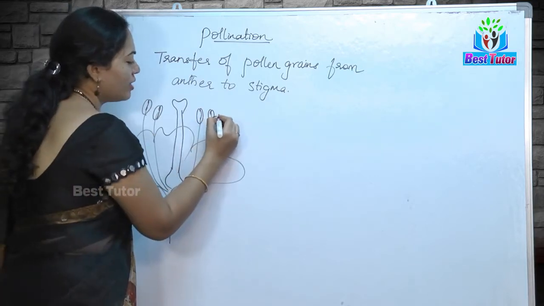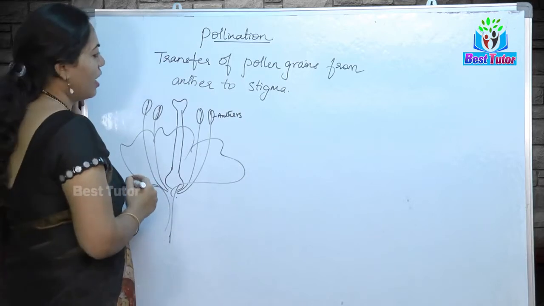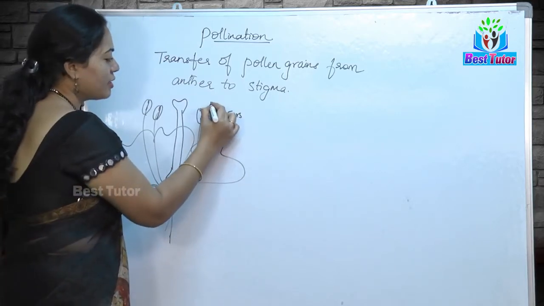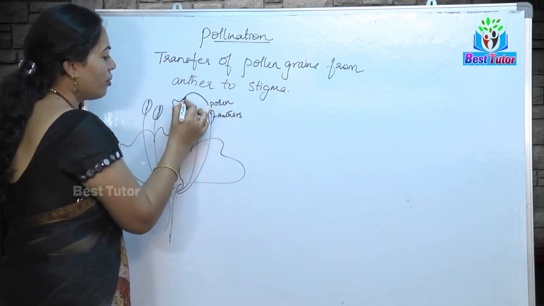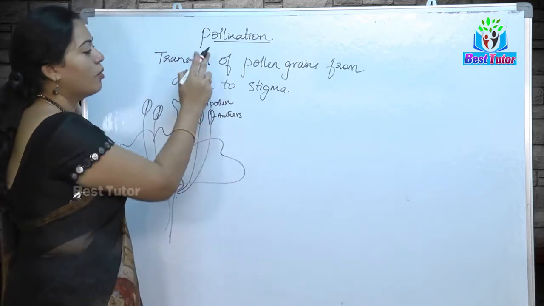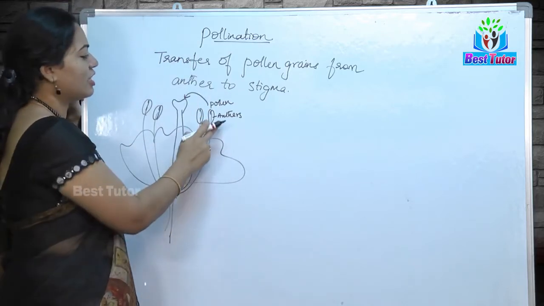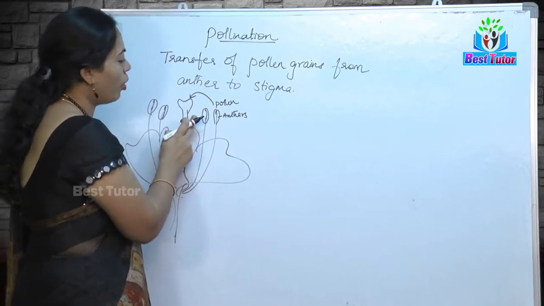We know anthers are the ones producing the pollen grains, and if these pollen grains are transferred from anther to stigma of a flower, then this is known as pollination. So students, the transfer of pollen grains from anthers to stigma is known as pollination.